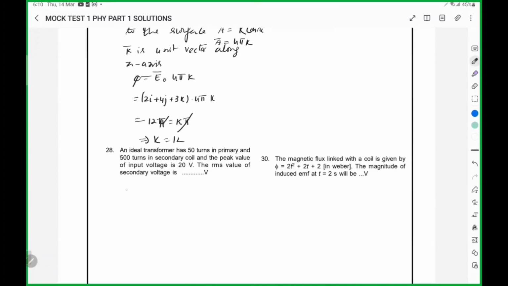Here, number of turns in the primary coil, number of turns in the secondary coil.